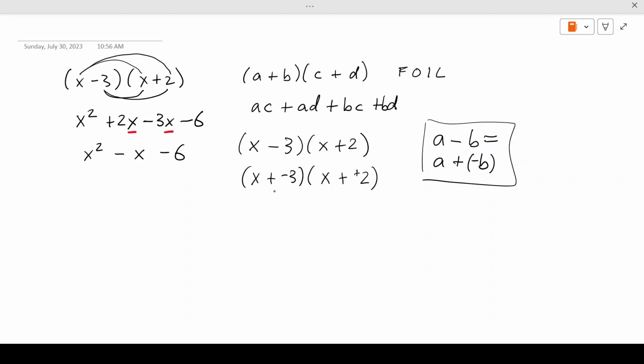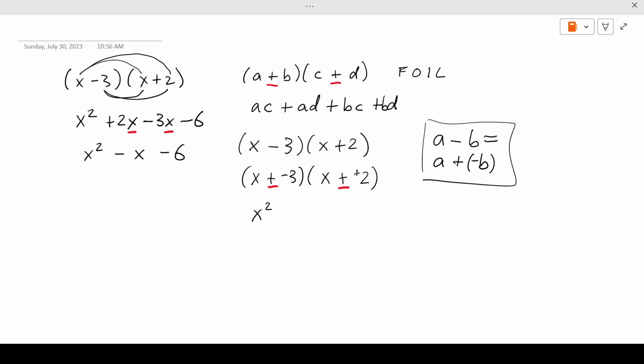So now that I've put these both as addition, we've got an addition there and an addition there, just like we have an addition there and an addition there. Now we can multiply our numbers according to integer rules properly. So we have x times x, those are two variables, x times x is x squared.